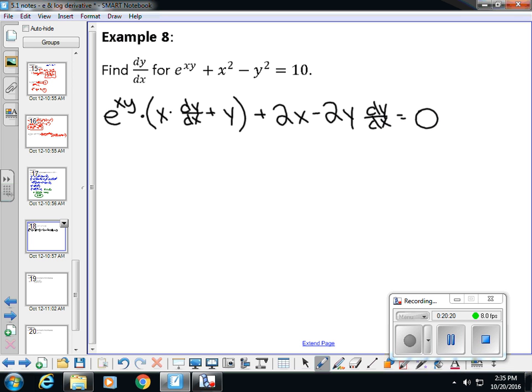All right, now I have to get dy dx on one side by itself, so I'm going to distribute and say that I have x e to the x y dy dx plus y e to the xy plus 2x minus 2y.